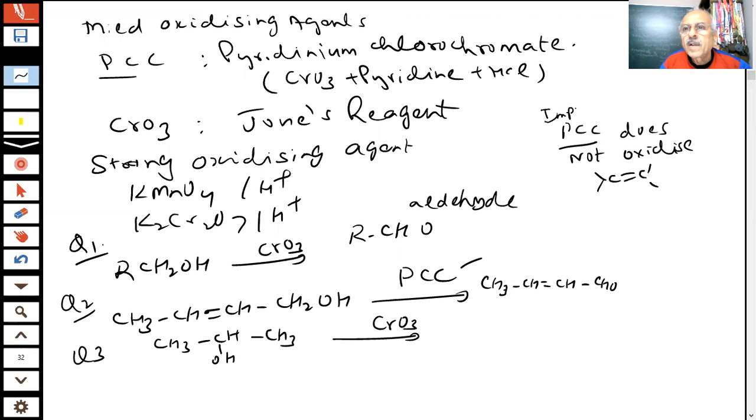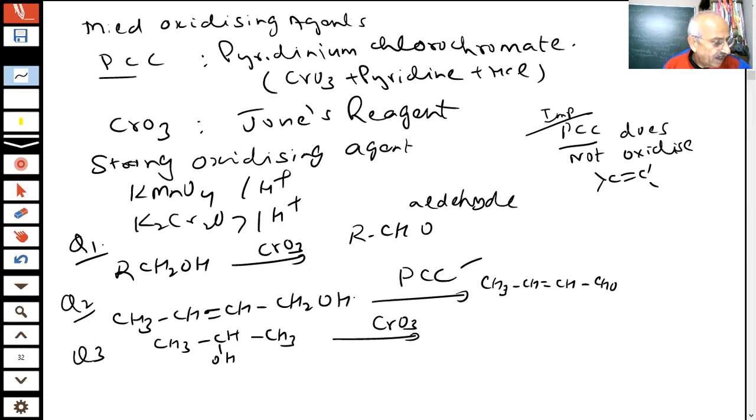It will attack a triple bond, but not the double bond, because otherwise double bonds are also going to be oxidized. You have seen one reaction, ozonolysis of alkenes, students. But this was important, that is why this question was given. The double bond remains the same, only mild oxidizing agent. This is oxidized to this acid.